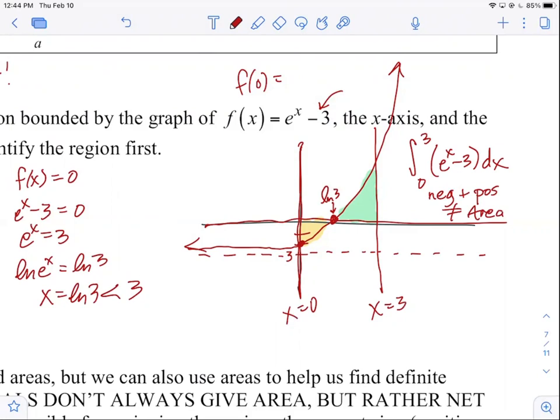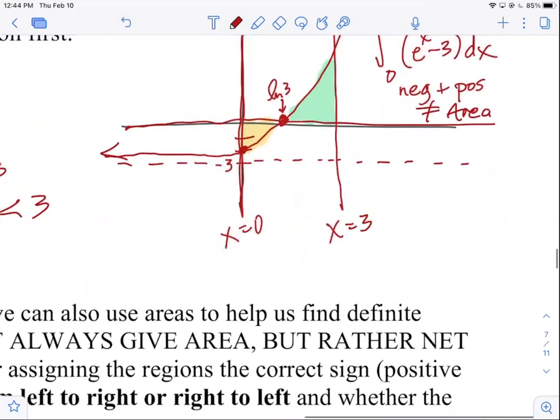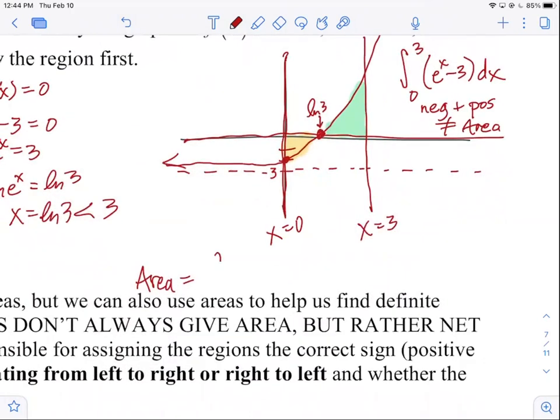Okay, so I have two options here. I can manually set up an integral that'll give me the area, but that requires me to know where the graph is positive and where it's negative. Do we know that? We do. We just did a little bit of work. So let's go ahead and set it up. The area is going to equal, and again, if I just integrate straight across from 0 to the natural log of 3, it's going to give me a negative number.